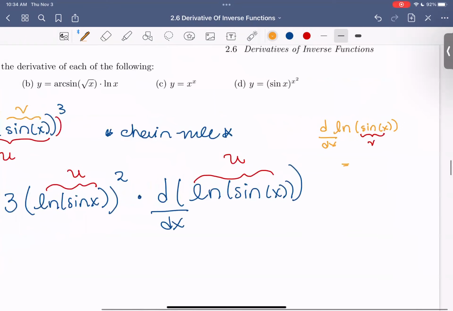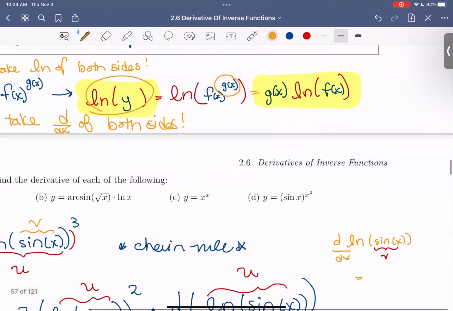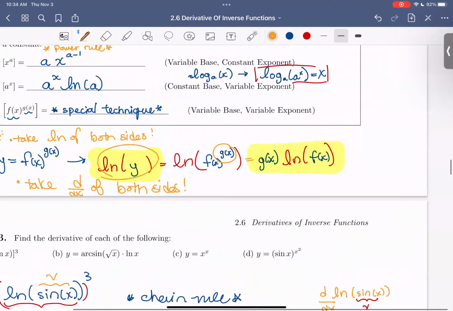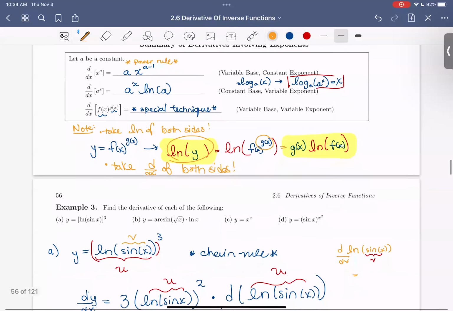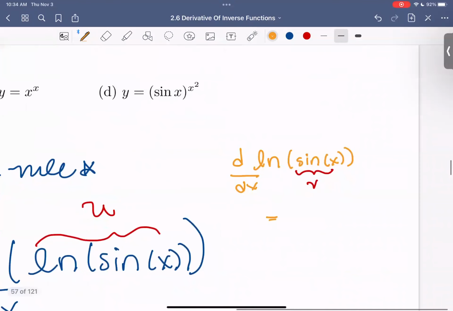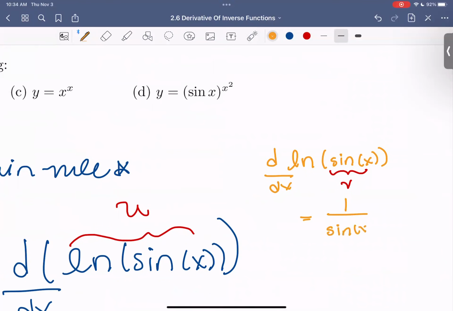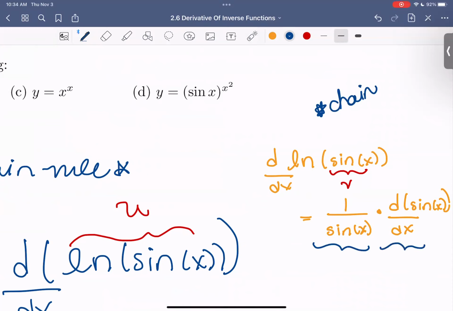So let's recall what that is. Move back in my notes. The derivative of ln is just 1 over the inside. So that's going to be 1 over v, which is sine of x, times the derivative of sine of x. Recall, we're using the chain rule again here. So we need to compute the derivative of the outside function times the derivative of the inside function.